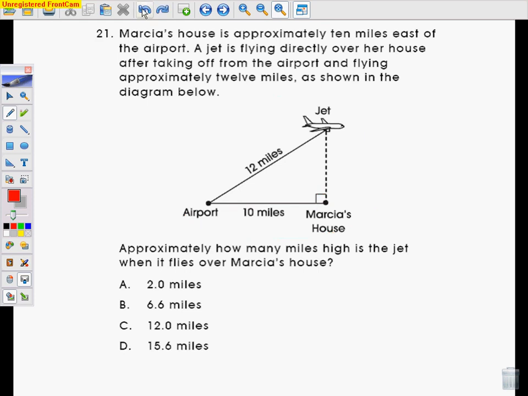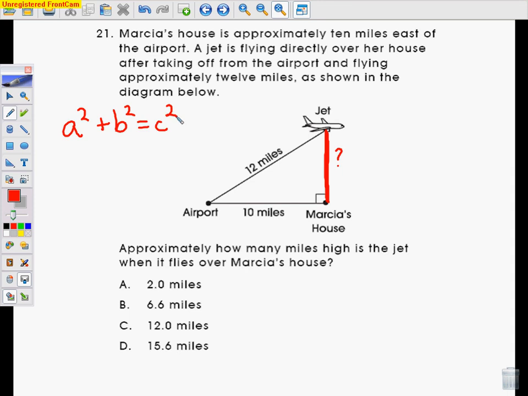Approximately how many miles high is the jet when it flies over Marcia's house? So we want to know, what is this distance here? Well, once again, because we have a right angle, we could use our Pythagorean theorem, a squared plus b squared equals c squared, when a and b are the legs of the triangle and c is the hypotenuse.